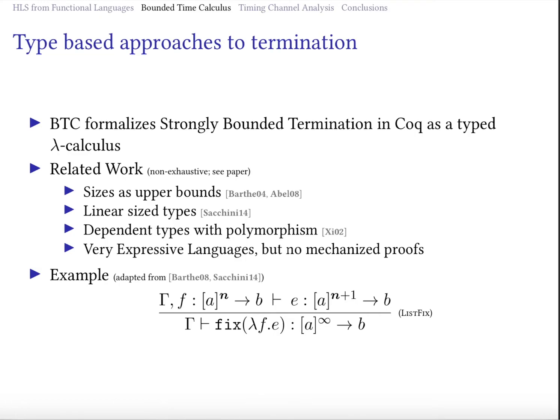So type-based approaches to termination are found frequently in the literature, and what the bounded time lambda calculus does is it formalizes the notion of strongly bounded termination, and it is a Coq mechanization of that formalization.